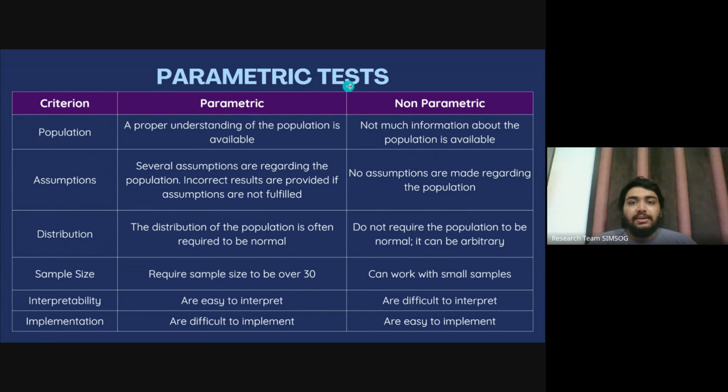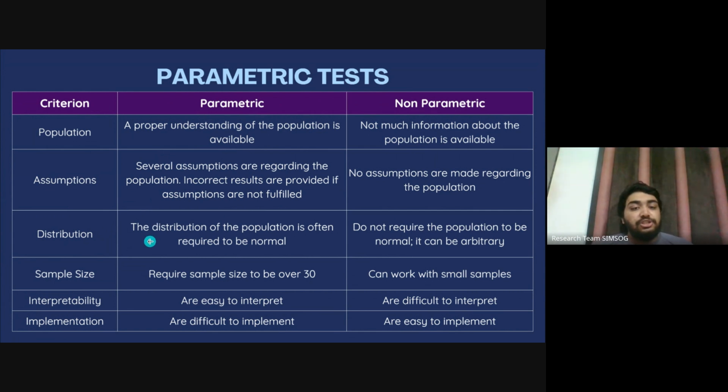I told you all about parametric and non-parametric tests, the basic understanding of it. But essentially, in a parametric test, there are a number of things you have to take care of. You need to understand the population properly. Several assumptions regarding the population should be fulfilled, otherwise you'll get incorrect results.